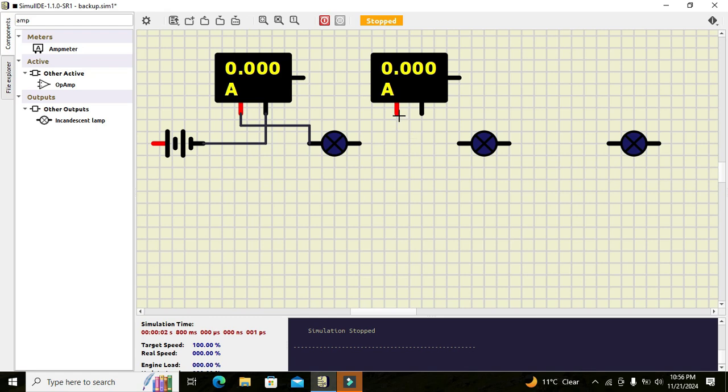So we will connect the negative side of the ammeter with the first incandescent lamp and the positive side of the meter with the second incandescent lamp.